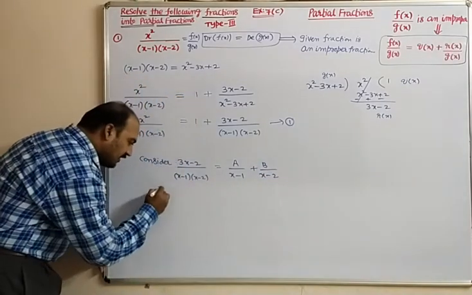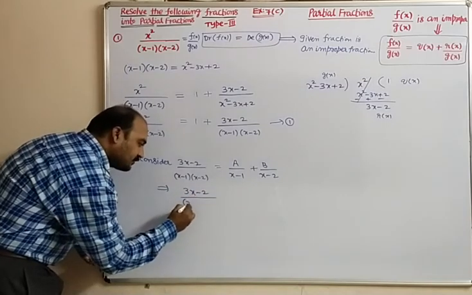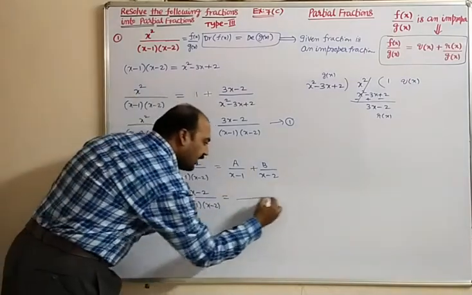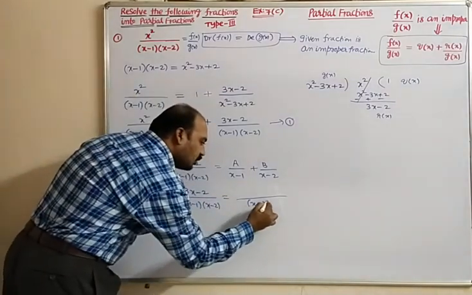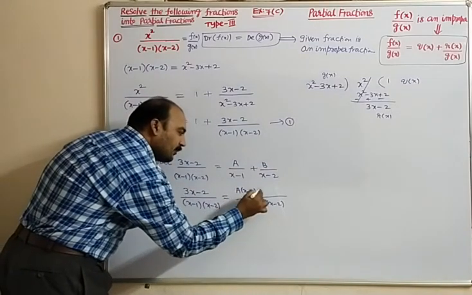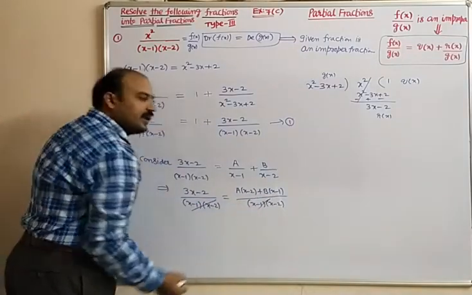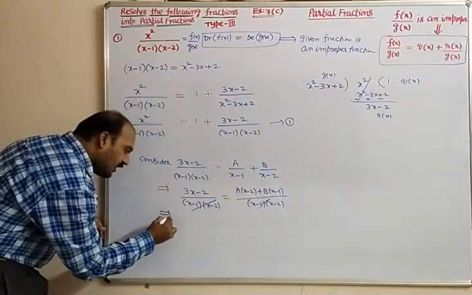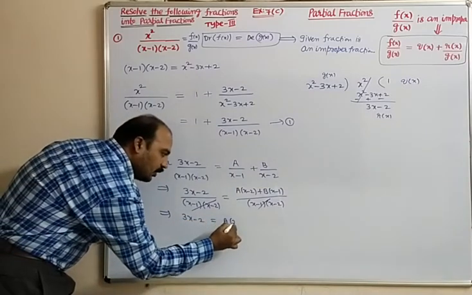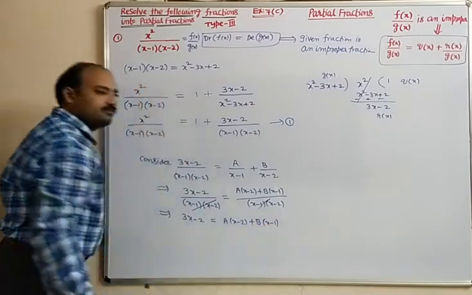By taking the LCM on both sides, x minus 1 into x minus 2 is the LCM, so we get A into x minus 2 plus B into x minus 1. Both sides' denominators will be cancelled. That implies 3x minus 2 equals A into x minus 2 plus B into x minus 1.